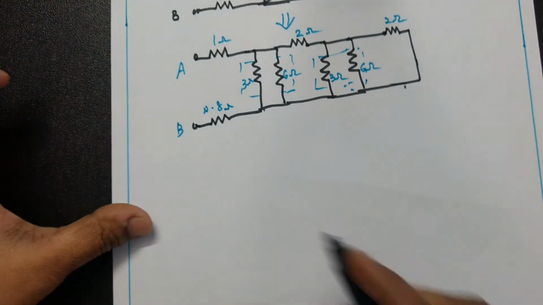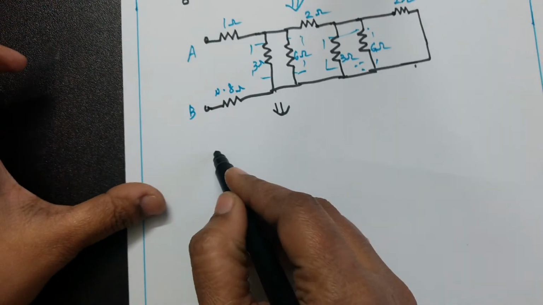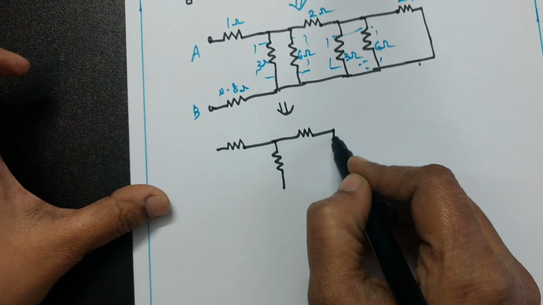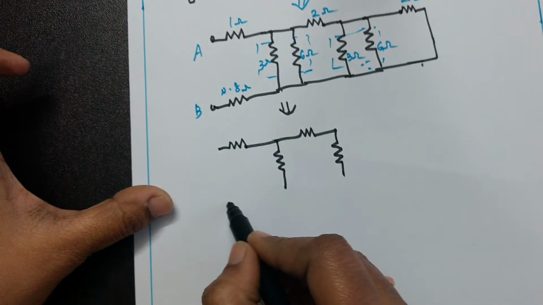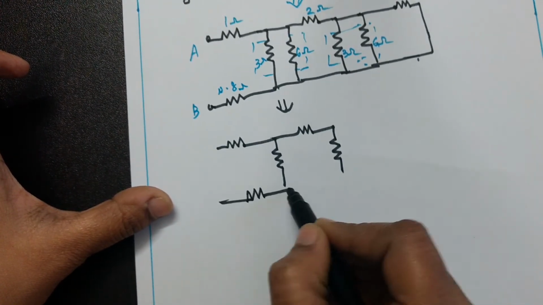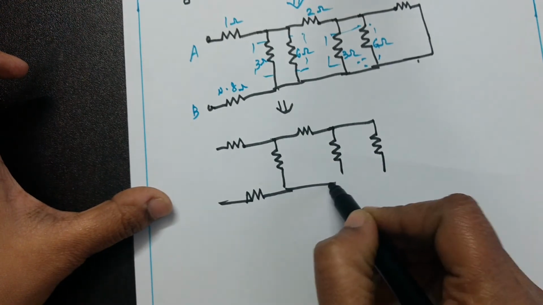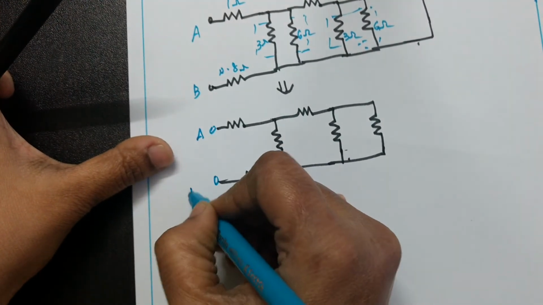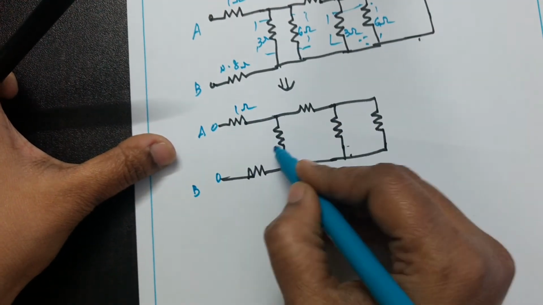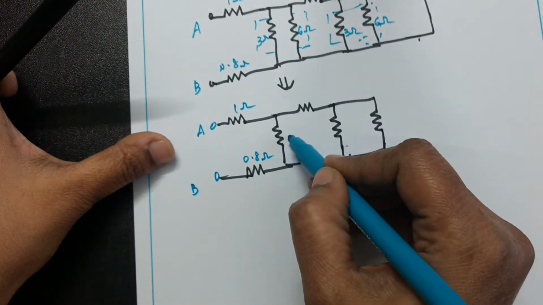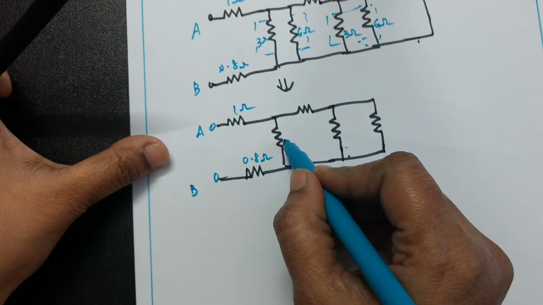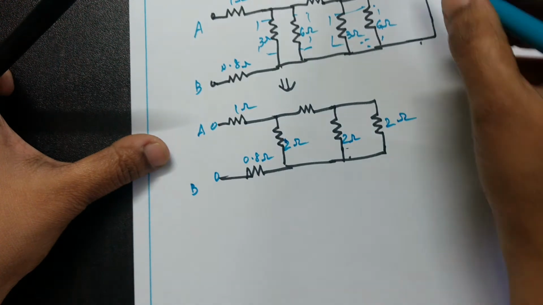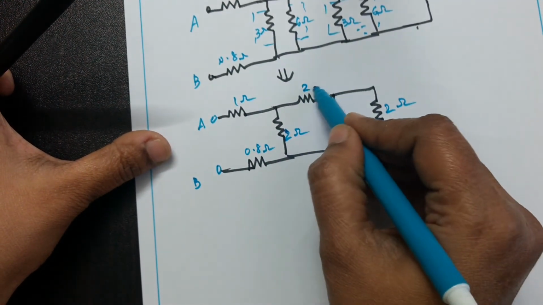So after rearrangement this will become 2, 2, 2. AB, 1 ohms, 0.8 ohms, and here the equivalent of these two resistances is 2 ohms, and for this parallel condition 2 ohms, and here 2 ohms.